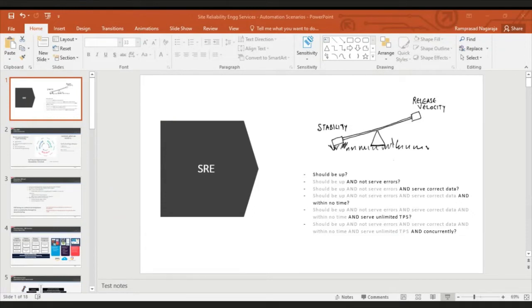The typical benefits that you will get through automation while leveraging an SRE capability are in terms of bringing that sense of productization, as I called it.